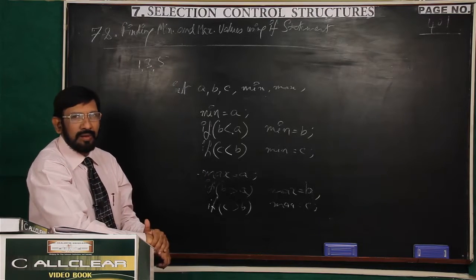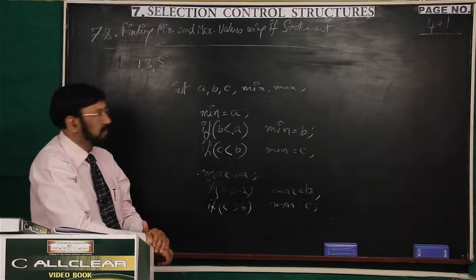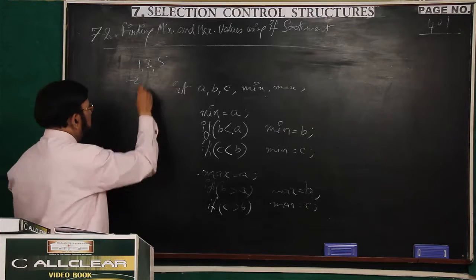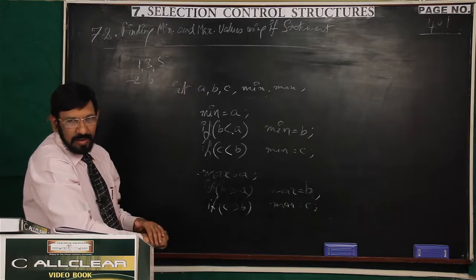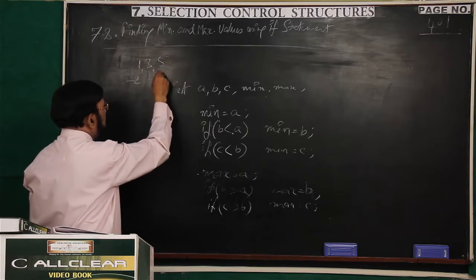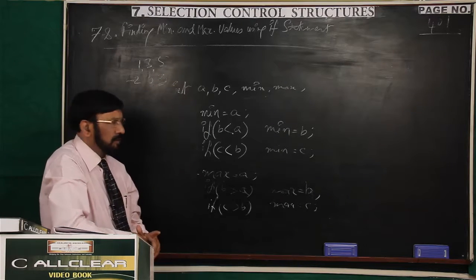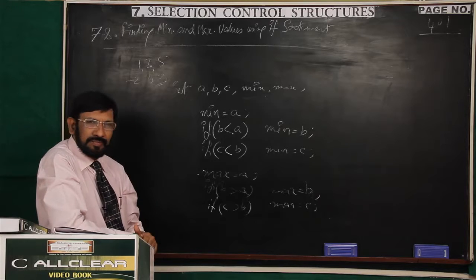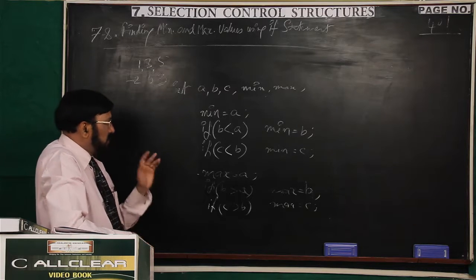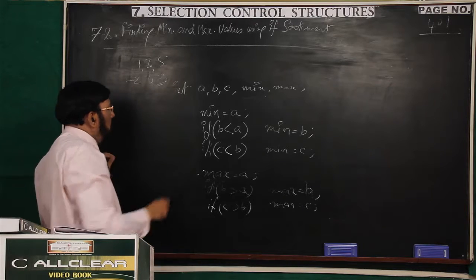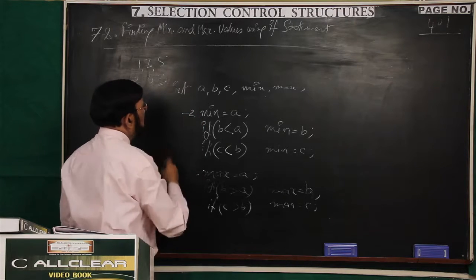Now, let us give a different value: one negative value, -2, and one 0, and 3. If this logic works fine for this, then it's okay. Now let us test that also. Now what do we assume? -2 is minimum.